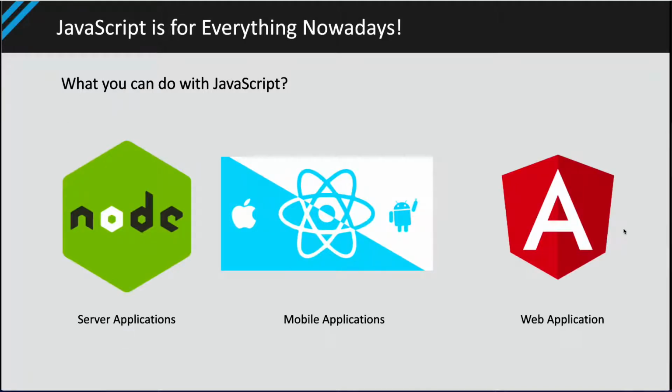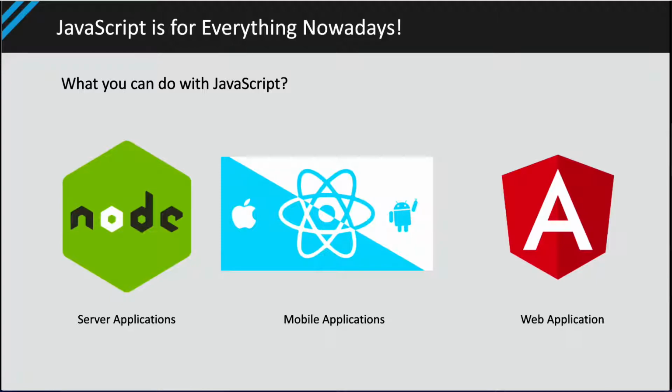So for that, JavaScript also allows you to create servers, mobile applications and web applications. For example, there are some frameworks which are written in or support the JavaScript language for different goals. For example, I can create a server application where I communicate with the database, grab data from the database, and send it to the front end or to the web page where the user can see that data.